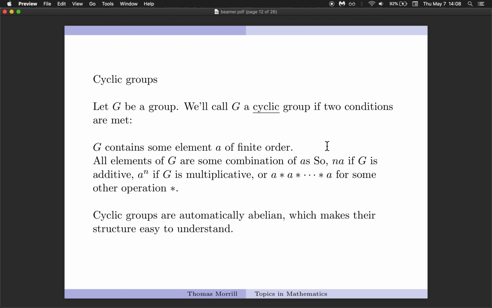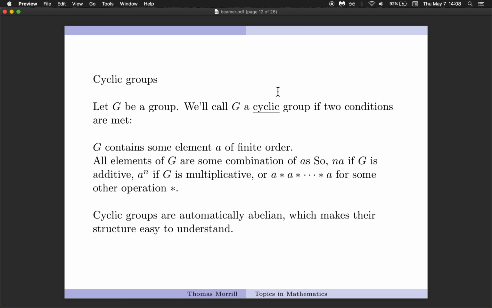So if I'm looking at addition, I'll just call A plus A 2A, I'll call A plus A plus A 3A, and so on, right? So everything can be represented as some n times A if G uses addition as its operation. If G uses multiplication as its operation, I'd probably use exponents instead, right? So I'd look at A to the power n, say that's A times A times A times A, n copies of A, throw them all together.